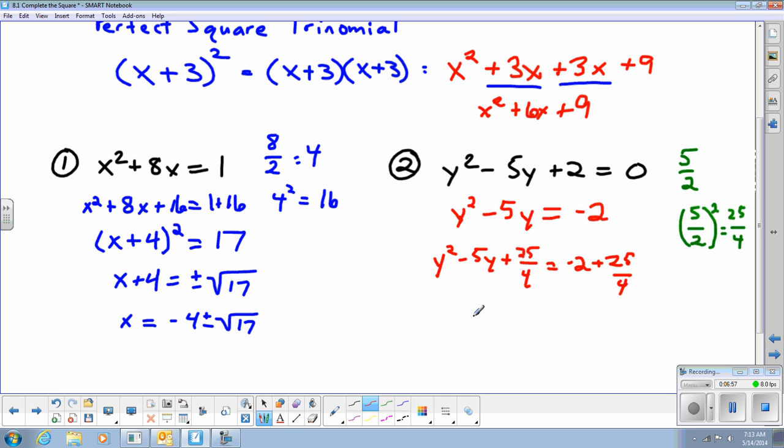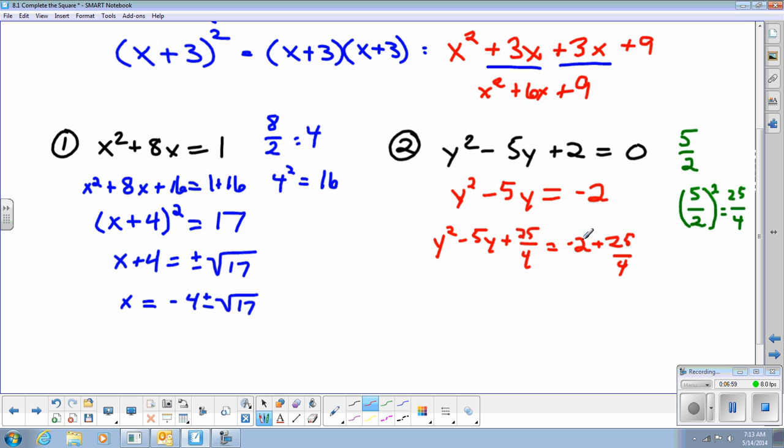Next step, I'm going to combine my like terms on the right side of the equation, and I'm going to factor into a perfect square trinomial like this. The advantage of using this is that when I find my middle term doubled, that will always be what goes inside the parentheses for my factoring. So I have y, and the number I put in there was 5 halves.